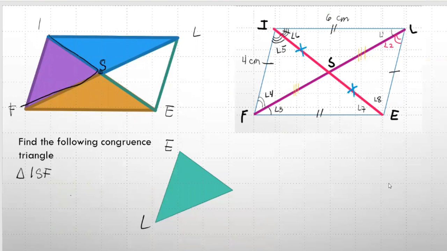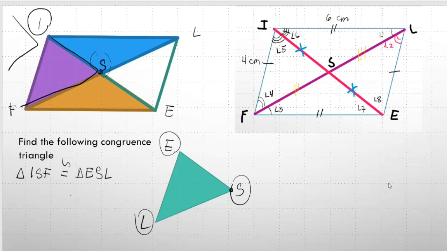So, therefore, kung nag-start tayo kay I sa taas, then next is the intersection, therefore, the congruence triangle of ISF is triangle E, then S tayo, then L. So, kung nakikita nyo yung pattern natin, pag ganun yung ating pag-name ng triangle natin. Okay? So now, eto yung naming of congruence of triangle natin.